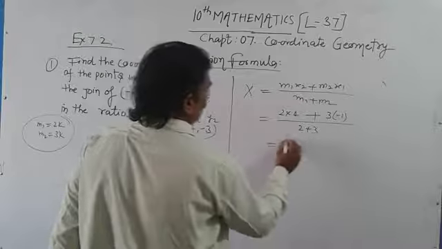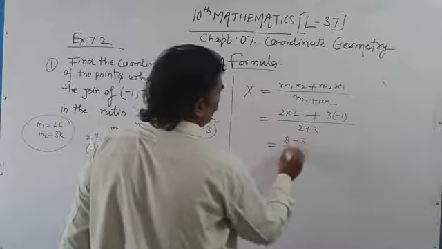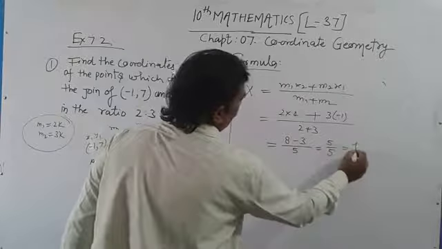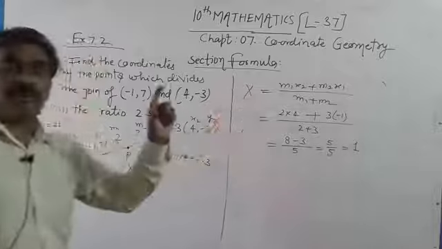Now 8 minus 3 upon 5, so 5 upon 5 it becomes 1. So X, the abscissa, is 1 here.